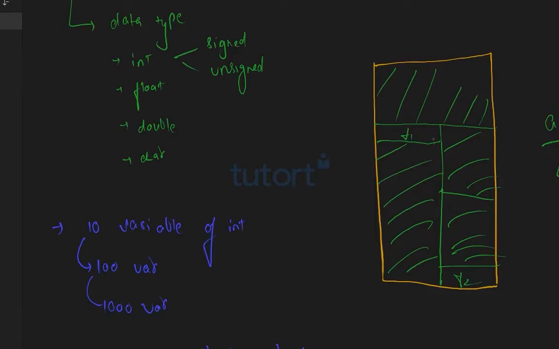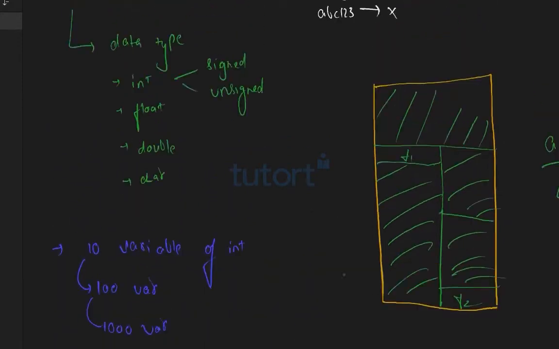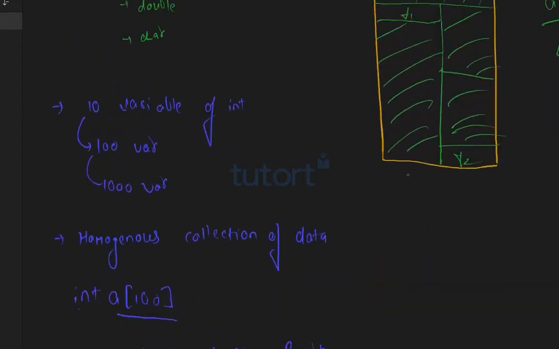Why? Because it is not contiguous. So contiguous memory location also has a drawback: even if the space in the memory is sufficient to satisfy the request of an array, it will still not be able to do that, because the free spaces are not contiguous.